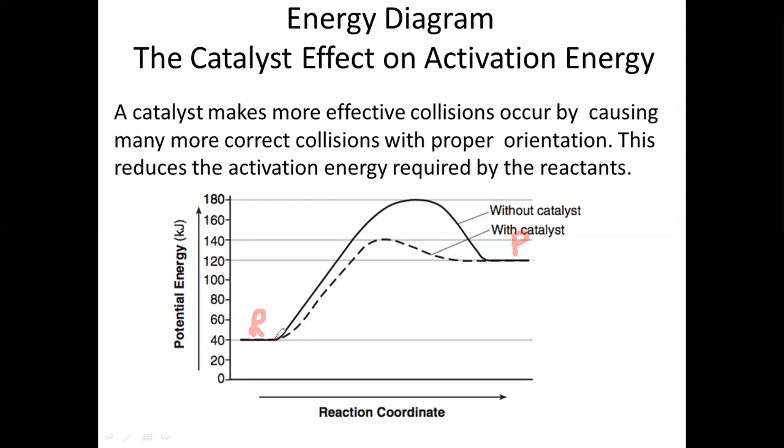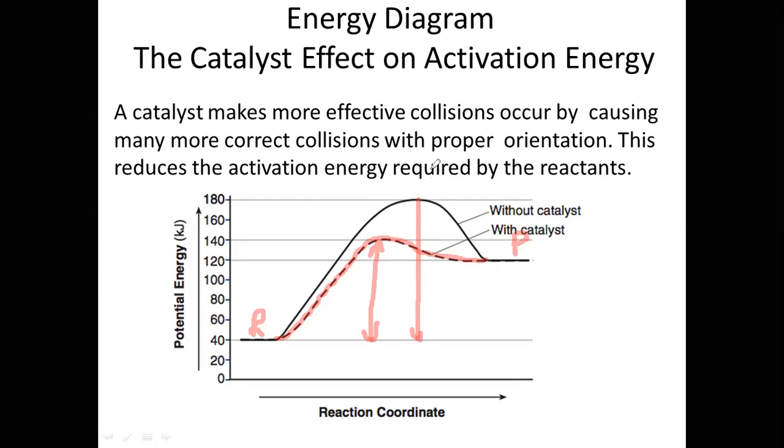But if you look at the pathway, we follow this dotted line, the pathway to get the reactants to turn into products is a lower amount of energy when we have a catalyst present. So this, from the reactant up to the peak, is what we call our activation energy, right? From the reactant to the peak without a catalyst present.